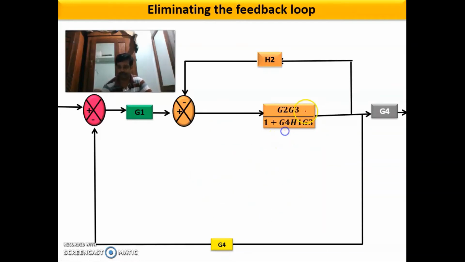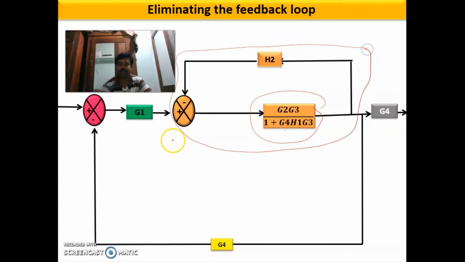We have replaced. Now again, when you are analyzing the figure, you are having one feedback loop. Here, the feedback is negative. So G divided by 1 plus GH.